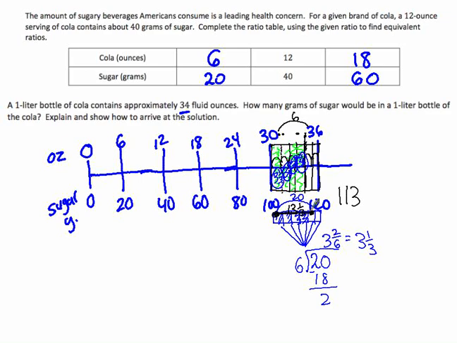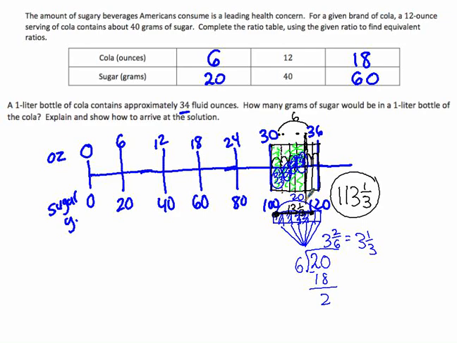That would be 4/6 of the way there. So 113 and 1/3 grams of sugar would be our answer, because that's where the 34 ounces would line up with. That's a confusing concept, especially if you don't have much background in working with fractions.